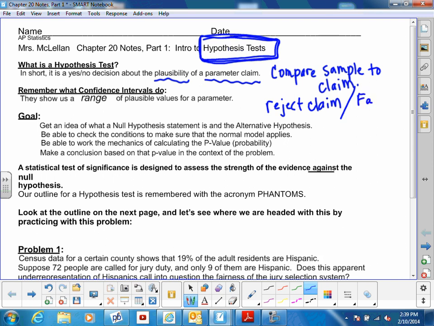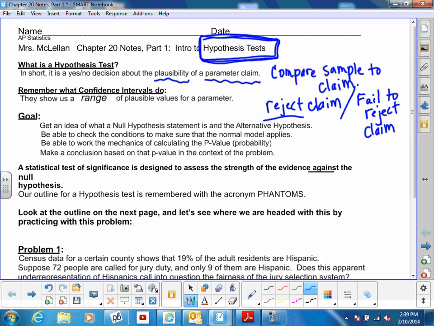We call that failing to reject the claim. We never, ever are going to be able to say the claim is true, or that I accept the claim as fact. We just either have evidence to reject it or not have evidence to reject it.